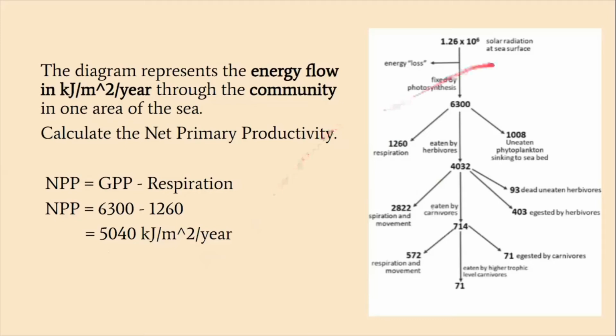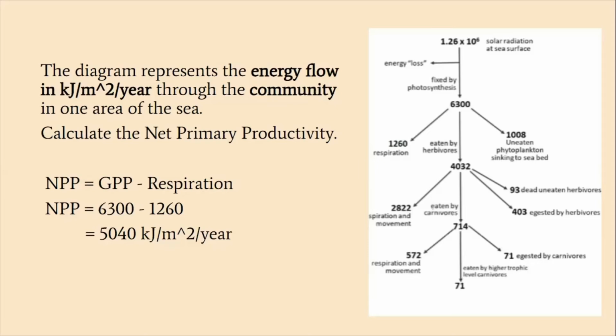Next, when we look at the picture on the right hand side, we can see 1,008 kilojoule of energy is uneaten phytoplankton sinking to the seabed. So these algae fall to the seabed and obviously die. As they fall away, because of the lack of light energy, they can't photosynthesize, so they end up dying off and sinking to the seabed.